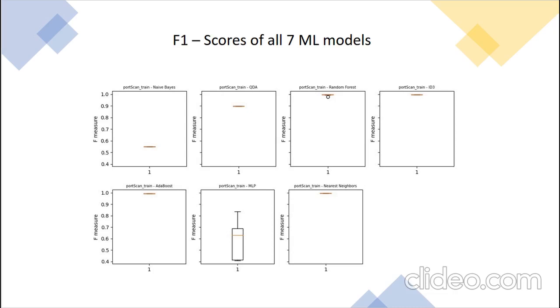Notably, the random forest, ID3 and nearest neighbor ML models have achieved a perfect F1 score of 1 when it comes to detecting port scan attack. Following closely, we have the AdaBoost and QDA models showcasing strong performance in this regard.